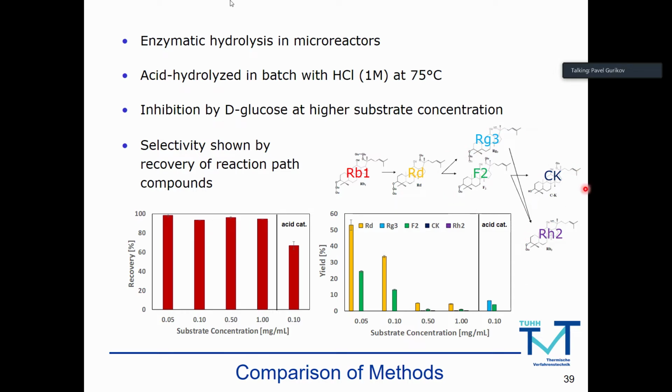No, it's one glucose unit in each. And it still remains challenging. You can quite well control this part of the reaction, and you can quite well produce this F2 product, which has the glucose unit here and on the opposite side.